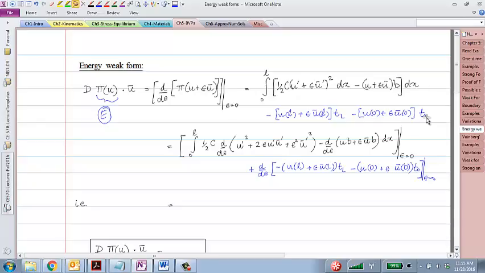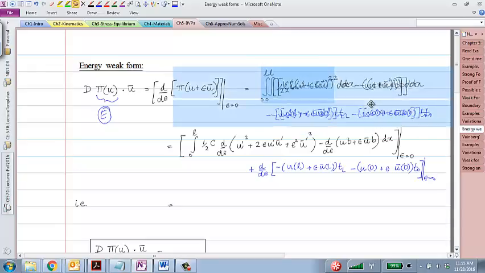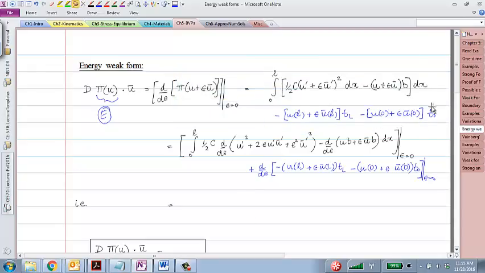Exactly what we did when we were doing those directional derivatives of the scalar fields. Now, in the next step that I've already written out here, all I've done is expand out this square term, u prime plus epsilon u bar prime squared. This is pi of u, the term inside the square brackets.